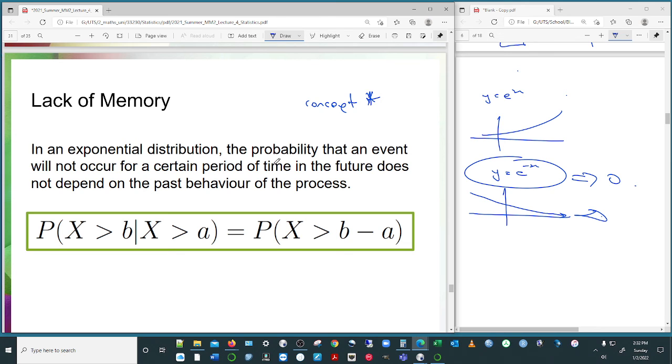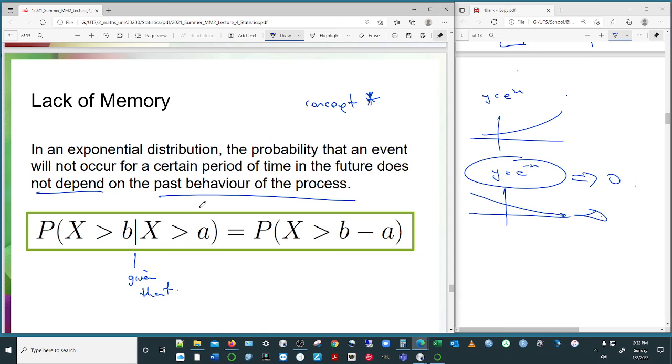So this one says, given that we've got two instances, two events, and they're equated this way. So this does not depend on the past behaviour. It's sort of a concept where what happened previously doesn't make any difference with what happens next.